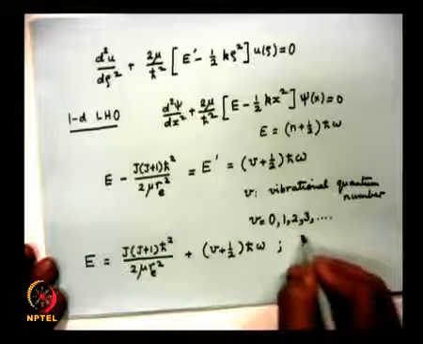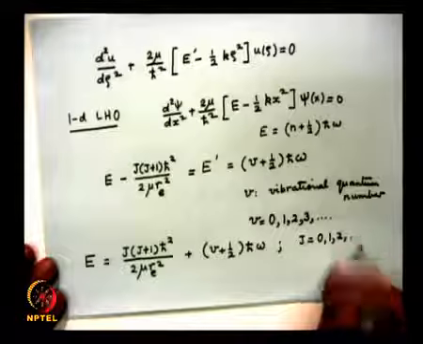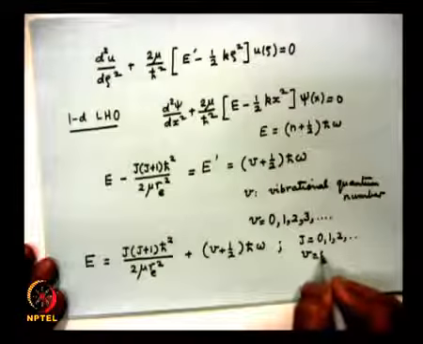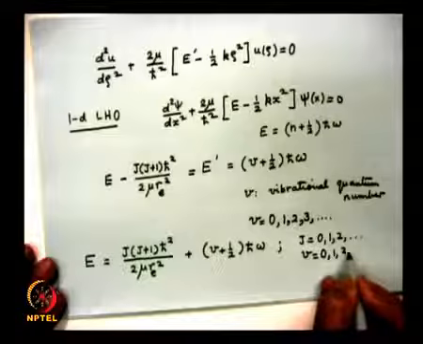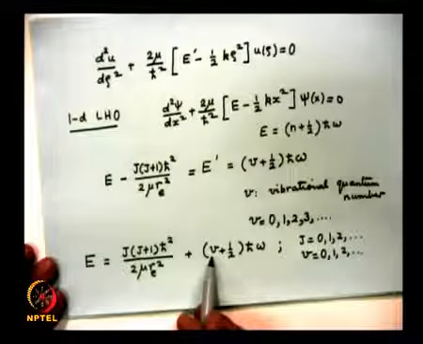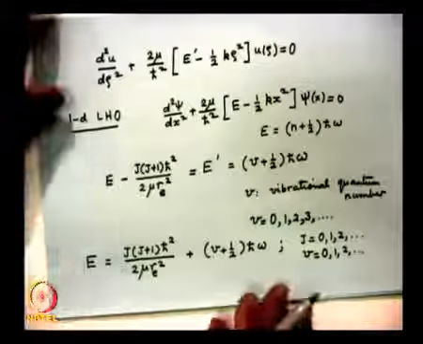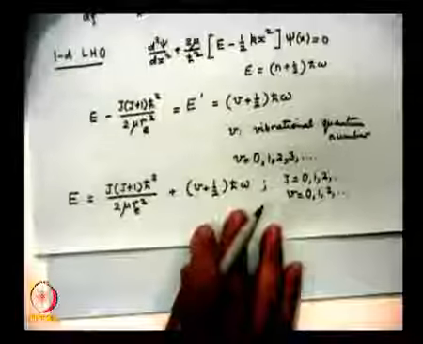Here j is equal to 0, 1, 2, 3 and V is equal to 0, 1, 2. V is the vibrational quantum number, and j is the rotational quantum number.